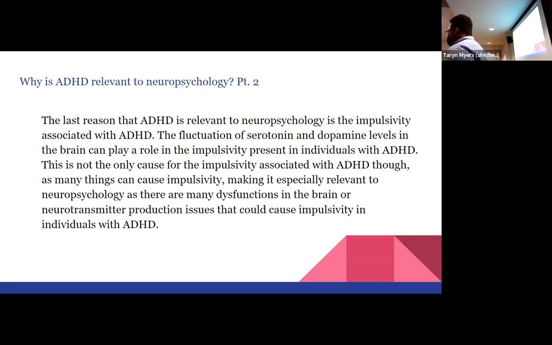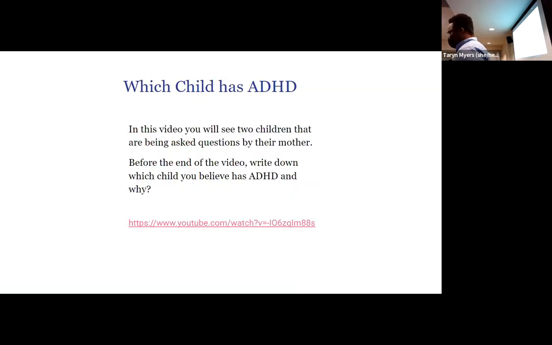The last reason that ADHD is relevant to neuropsychology is the impulsivity associated with it. Fluctuation of serotonin and dopamine levels in the brain can play a role in the impulsivity present in individuals with ADHD. It's not the only cause, though; many things can cause impulsivity, making it especially relevant to neuropsychology. There are many dysfunctions in the brain that can cause impulsivity.